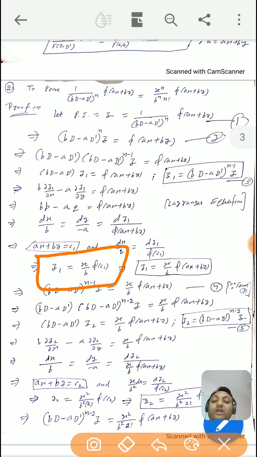So we will not add some constant c2 here, because then you will get the general solution, not the particular integral. We need to find only the particular integral, so we will not add any constant.